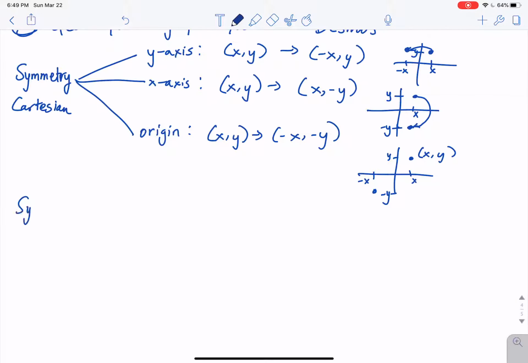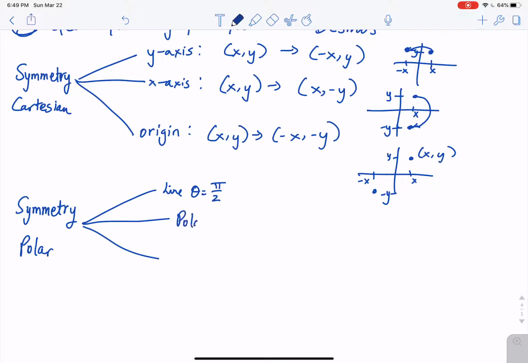Now if I think about my symmetries in polar coordinates, I also have 3 different types of symmetry. I have symmetry with the line theta equals pi over 2, symmetry to the polar axis, and symmetry to the pole.